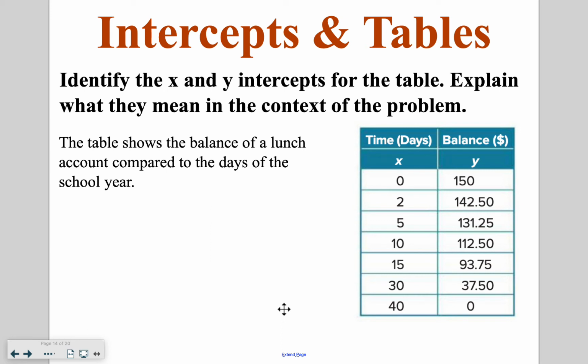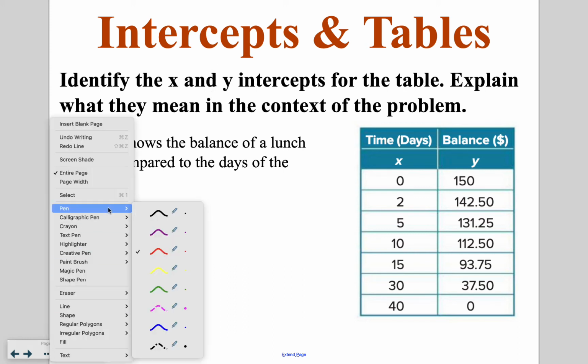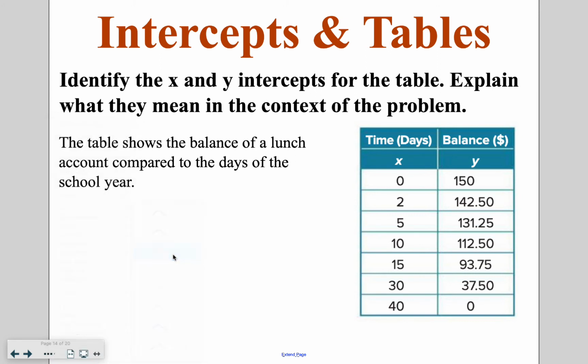We also can do this finding and interpreting of values when it is listed as a table as opposed to a graph. So we're still going to start by trying to find our intercept. In this case, our x-intercept is going to be at (40, 0).